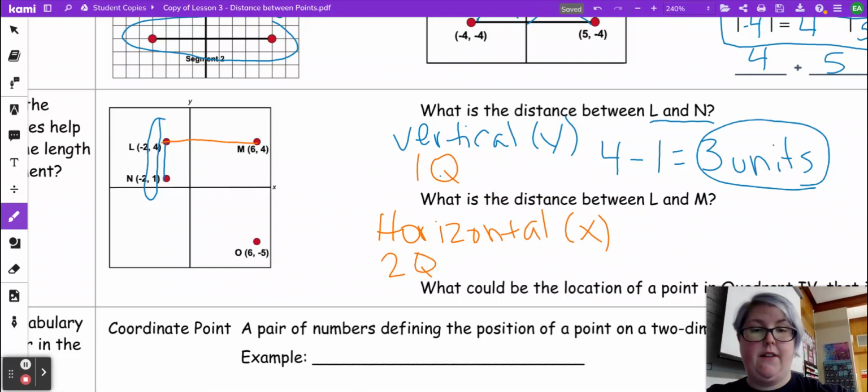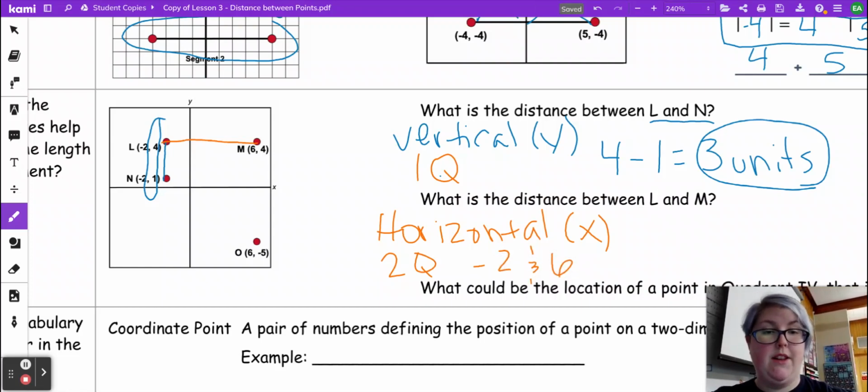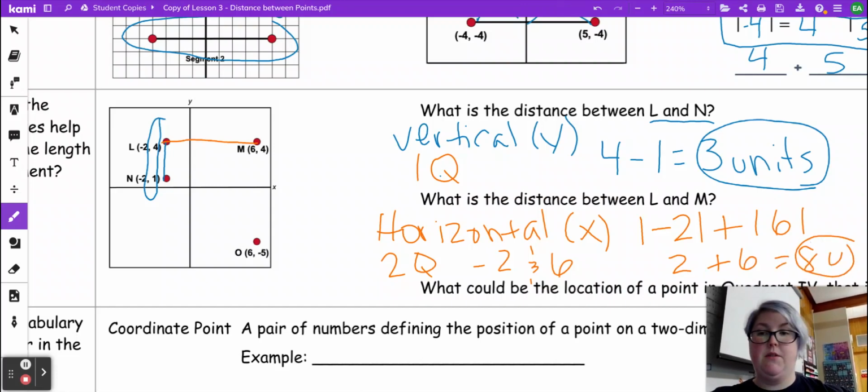So we have -2 and 6. The way that we're going to write this is the absolute value of -2 plus the absolute value of 6, or 2 plus 6, and that equals 8 units. So the distance between those two is 8 units.